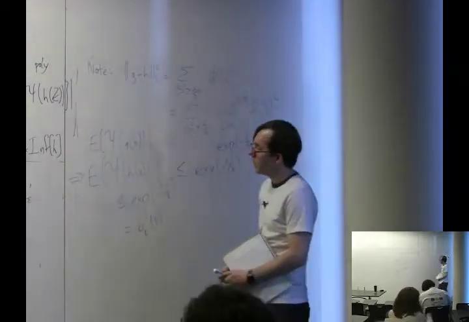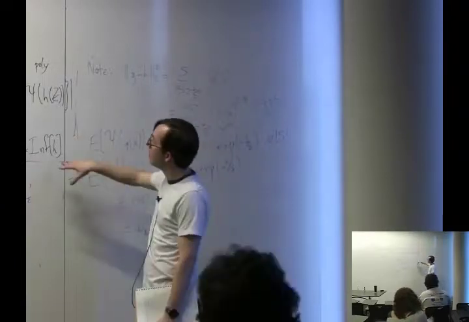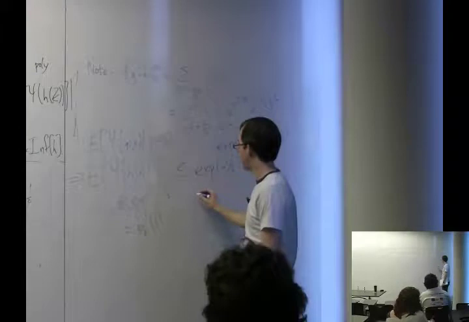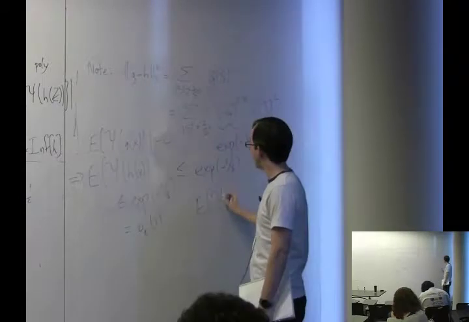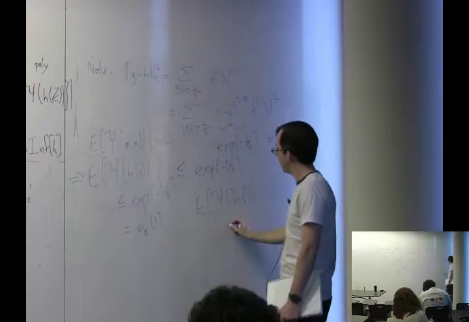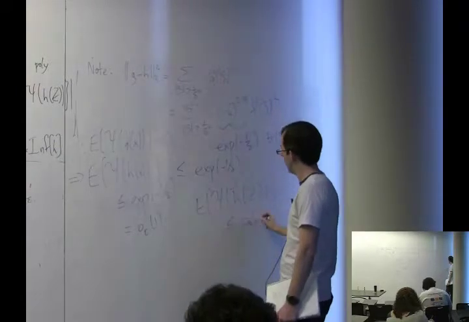So finally, h has all the right properties. We can apply invariance to it. We can deduce that the expected value of psi of h bar of z is at most little o of 1.